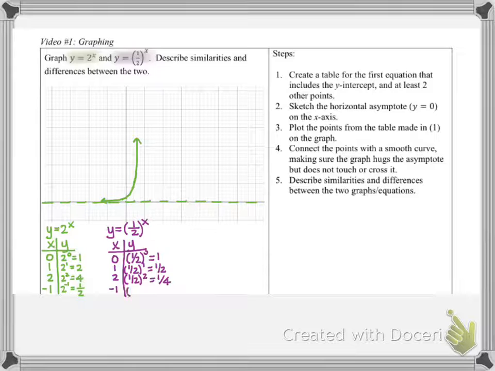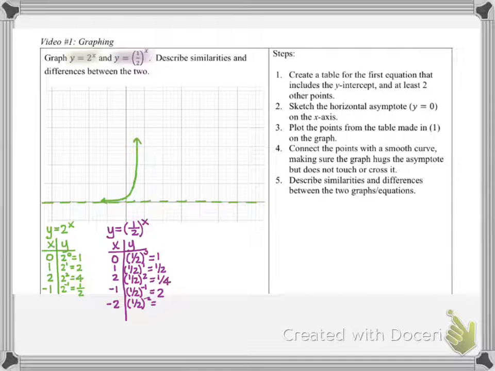Okay, so now if I do 1/2 to the negative 1, just like what I did previously, I'm going to go to 1/2 to the positive 1 power right there. I'm going to take this answer, so I'll take that 1/2 there, and I'm just going to flip it over. So that's going to give me a 2. I think I'm going to plug in negative 2 just so I can get some more whole numbers to plot instead.